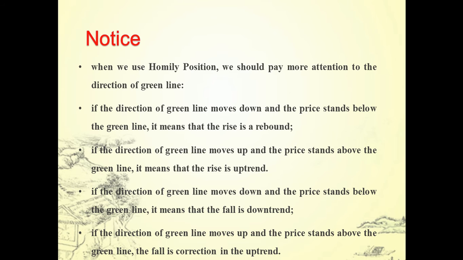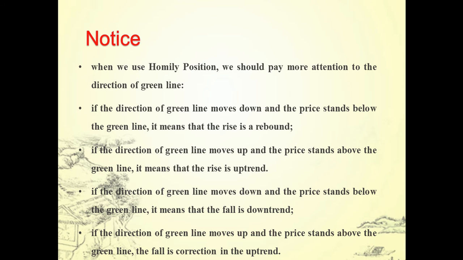Okay, so I draw the chart. Maybe it's better. Okay, so this is the green line. We can see this is the green line, and this is the price. Okay, so this is the downtrend, right? This is the downtrend. Okay, so if you see the green line is down, the price drops.